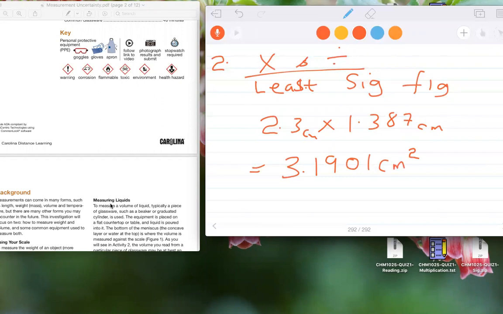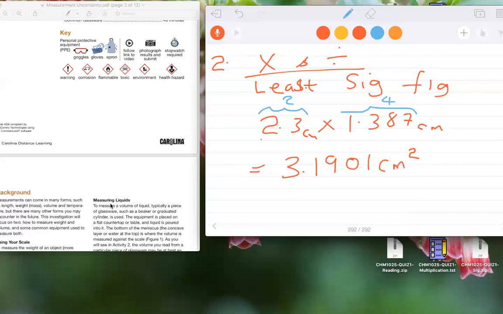So how do we go about that? This one has 2 significant figures. This one has 4 significant figures. So our final answer should have 2 significant figures.